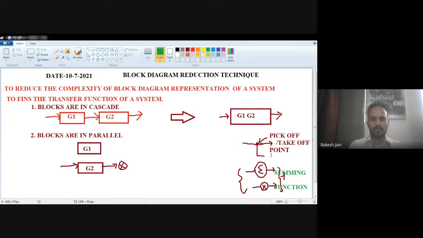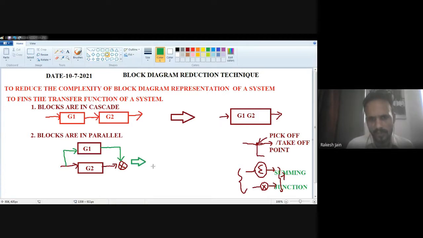So before we analyze these two terms, you should remember them. See, G1 and G2: both inputs come from the same place and the output will reach the same place. So what will happen? They will be added to each other. That is known as blocks being in parallel.